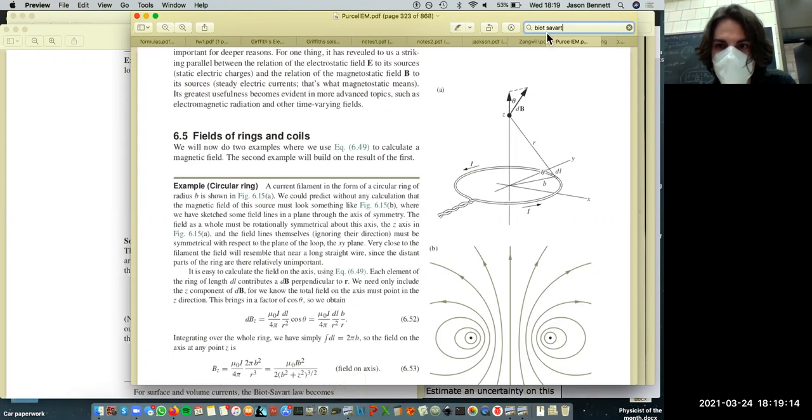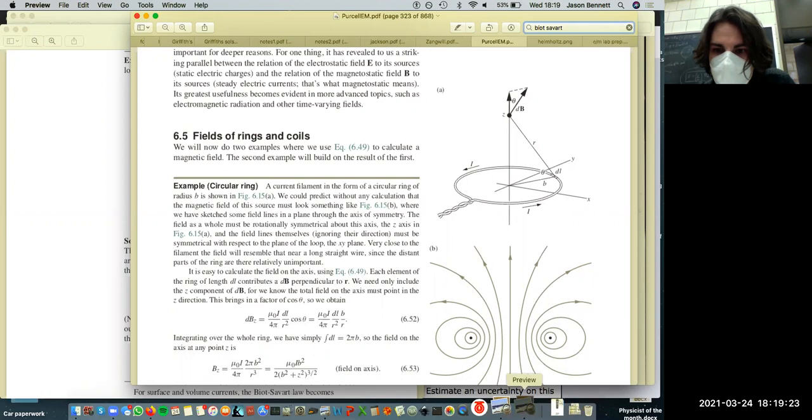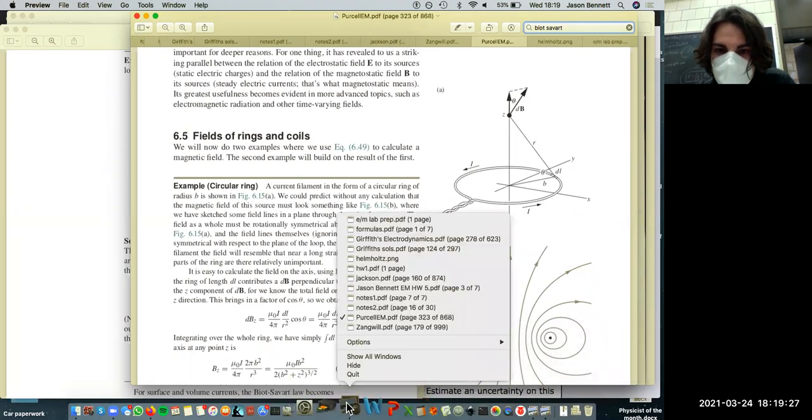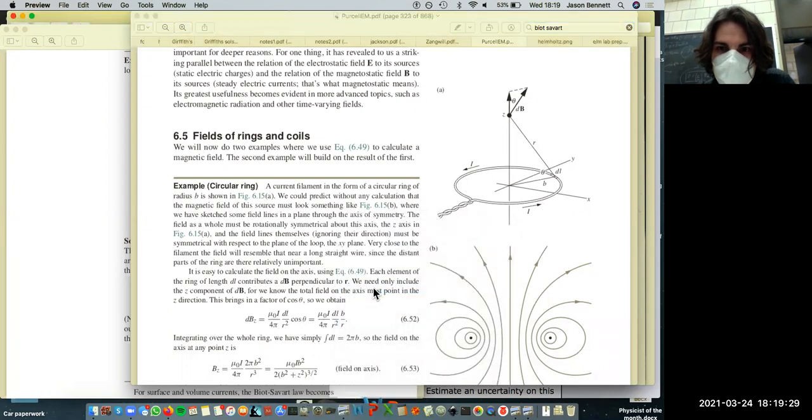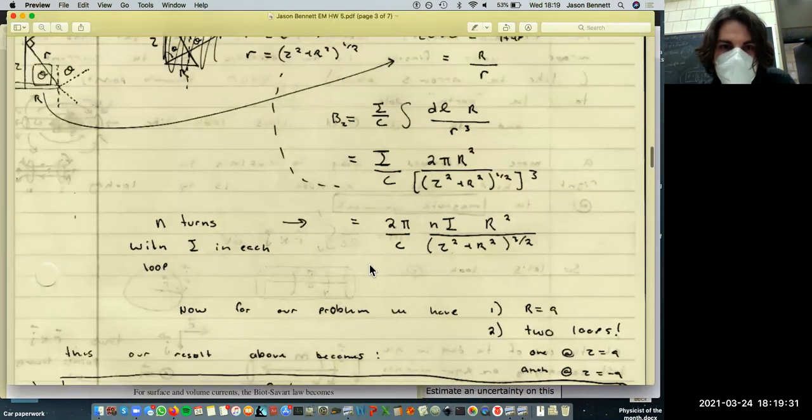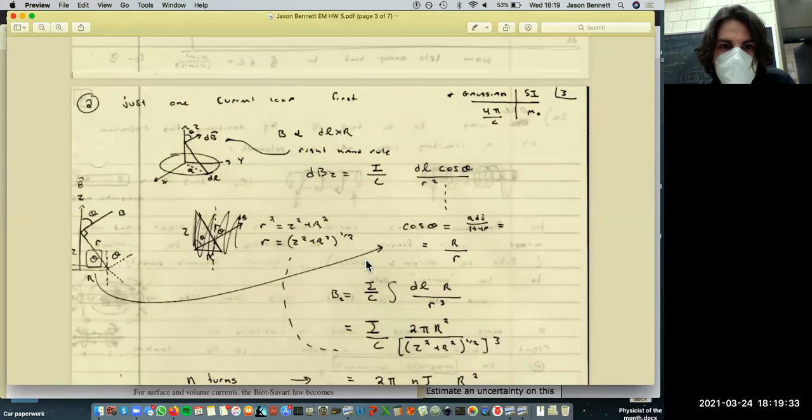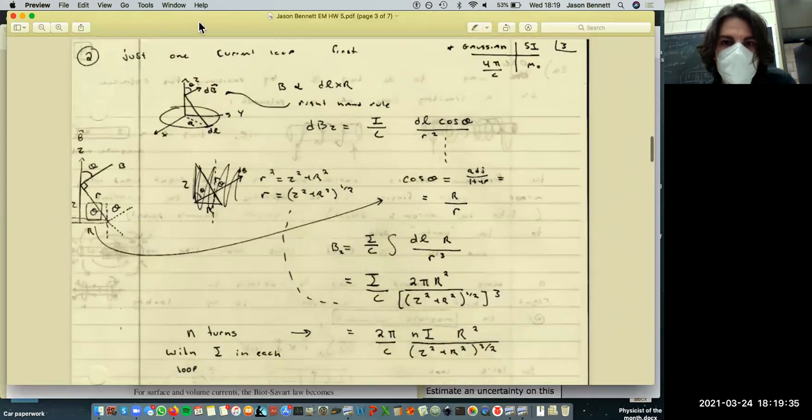So let me pull up my homework, which is, no. Here it is. Okay. So this is the beginning of my homework where I just worked through one current loop.